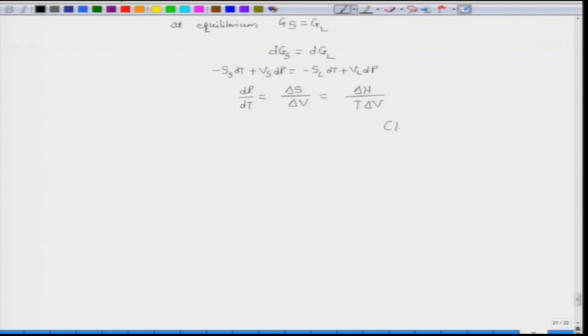So, this is the Clausius-Clapeyron equation.